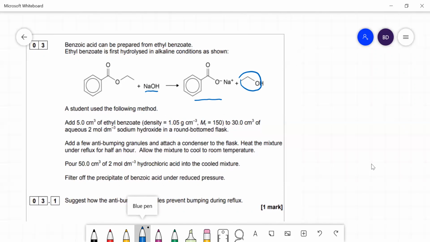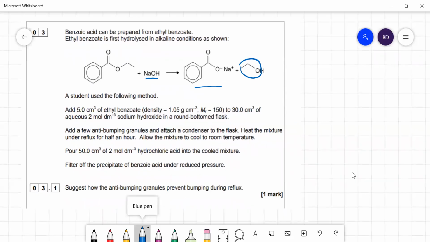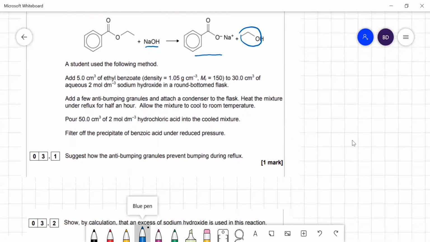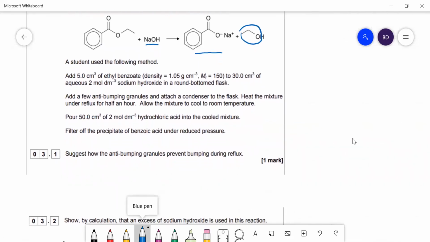Right, let's just go through these questions first of all. Okay, all right. So how do anti-bumping granules prevent bumping during reflux? They always ask this question, and the answer they want is it allows small bubbles to form during boiling.